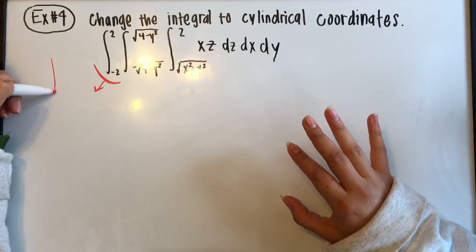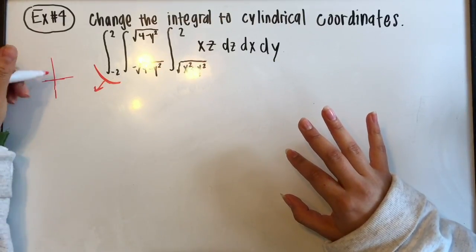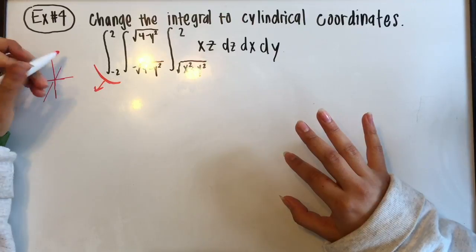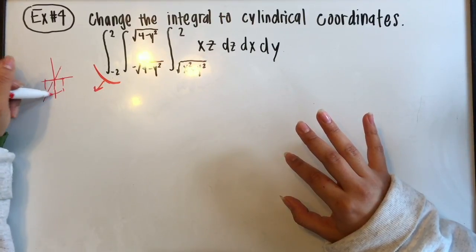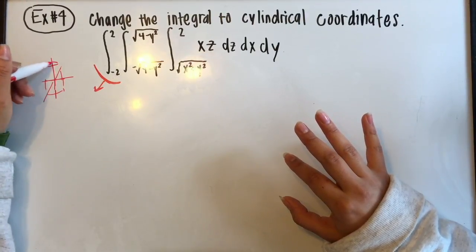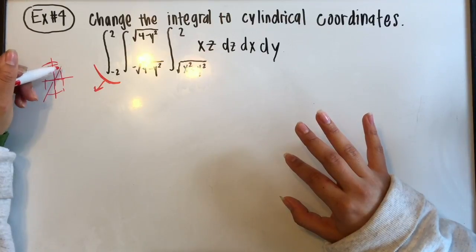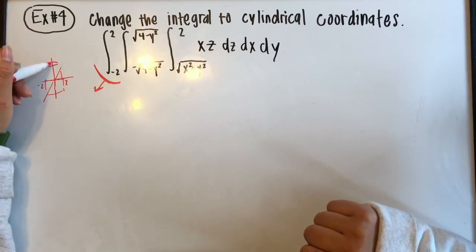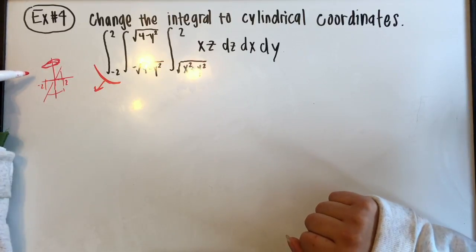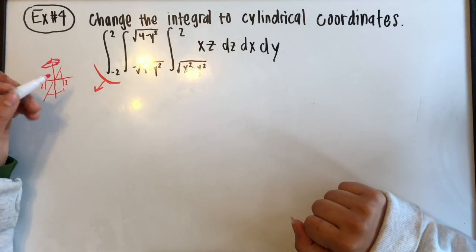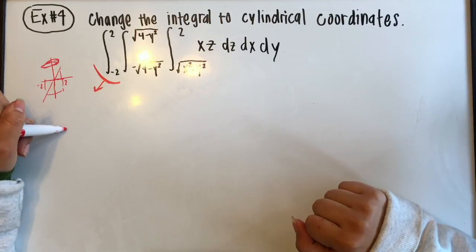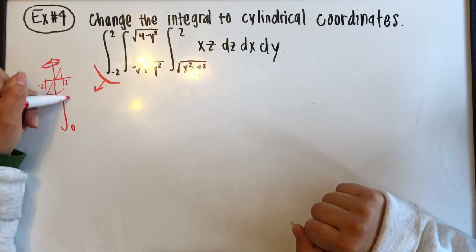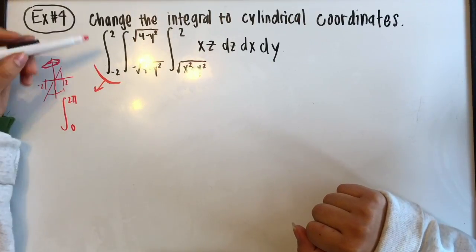So remember when we would do the picture, the cylinder would be whole like this, right? So the radius would be 2, so this is 2, and this would be -2. So that means it revolves around. So our theta integral would be from 0 to 2 pi. So that's all it means.